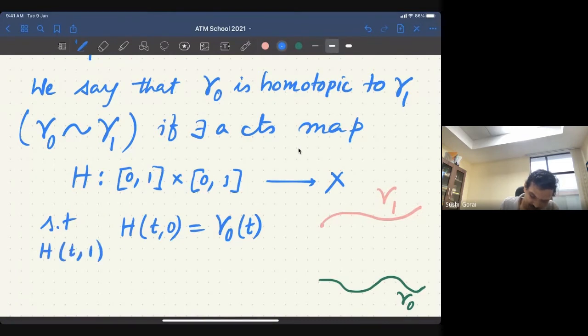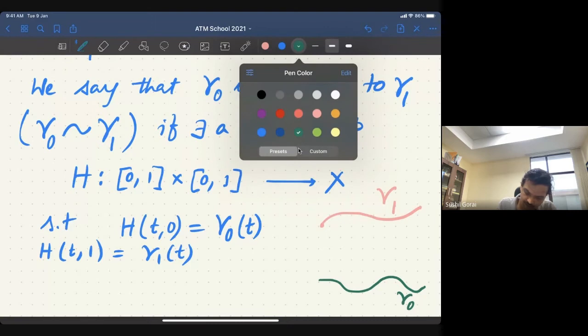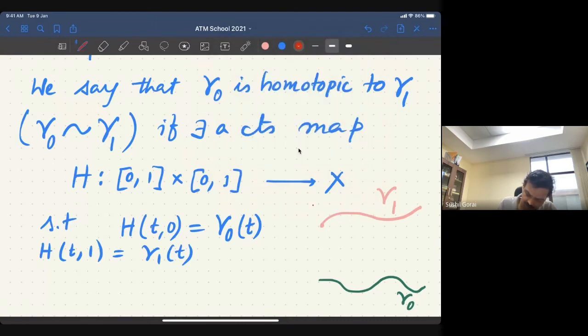H(t, 1) is gamma 1. It is expected, right? So this is the following. Let me take a different color. So here it is like 0 to 1 and here also 0 to 1.